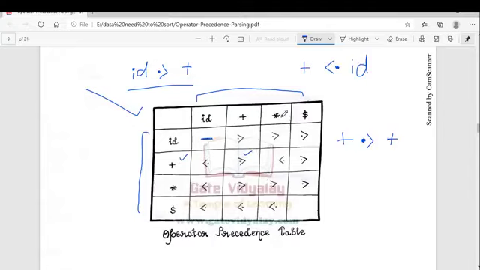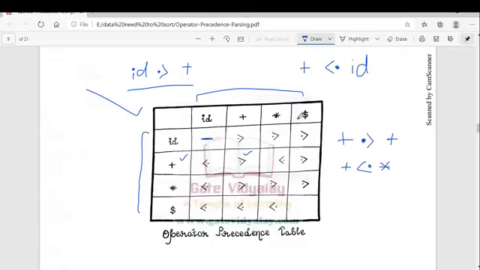Now plus and multiplication. Multiplication has higher precedence, so the multiplication side should be open.